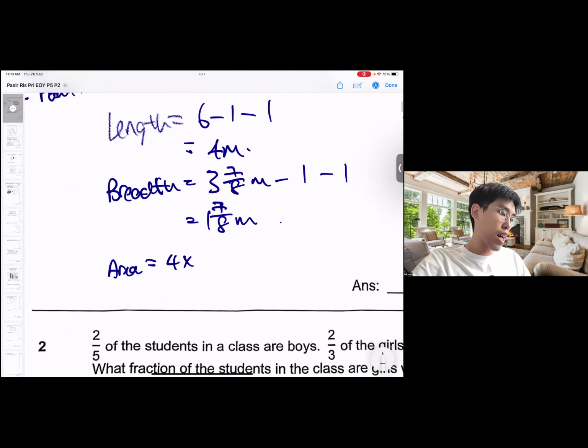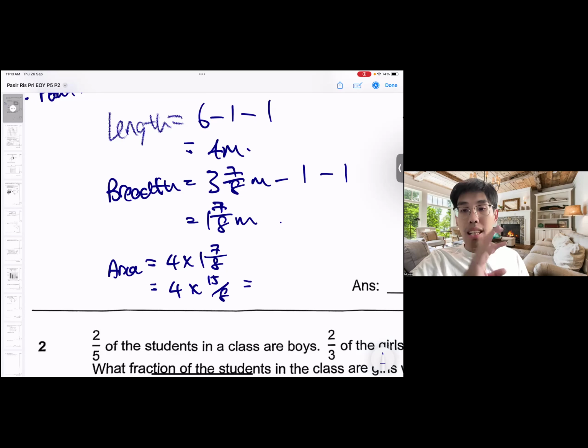Area is 4 times 1 and 7 over 8 meters. Normally how I teach people to do multiplication of fractions with whole numbers is to convert the fraction to improper, then we go and do it. Easier this way. When we are multiplying, we are only multiplying the numerator.